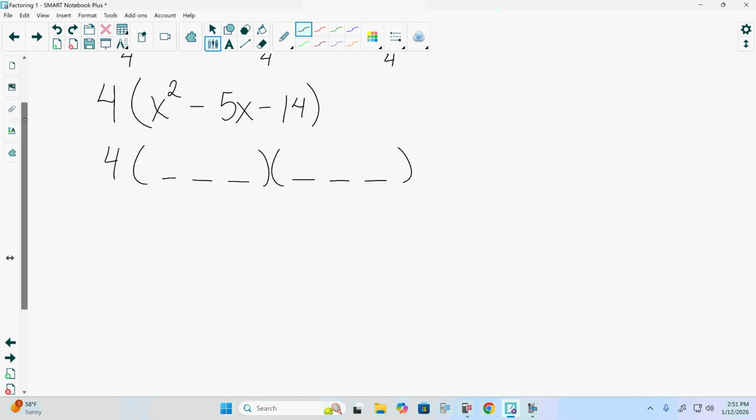Two sets of parentheses with three spaces. The sign of our third term is negative, so the signs are opposite.